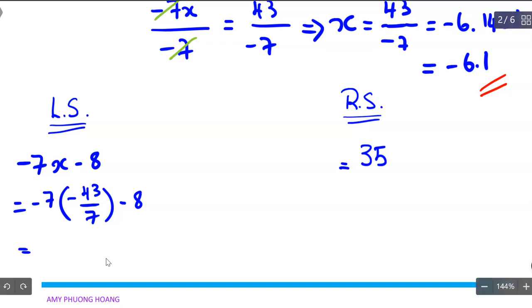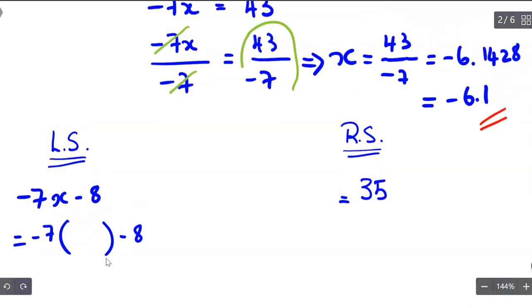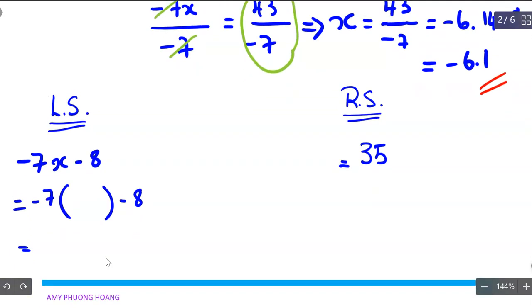Okay, but I would like everyone to note this. If I write this as this, I just want to show everyone here. I have the solution written like this. So I'm going to write the exact same, 43 over negative 7. So what you can do is you can take that and cancel with that right away as simplification.